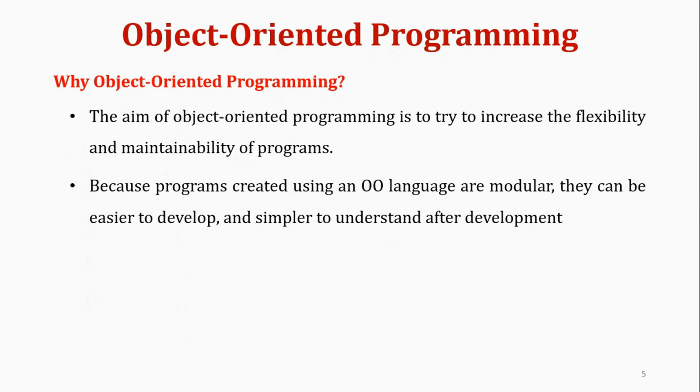Modular means a program is divided into small modules. Each module is independent. If you make any change in one module, it will not affect the other modules. So it is easier to develop and simpler to understand after development. This is why we go for object-oriented programming rather than POP.